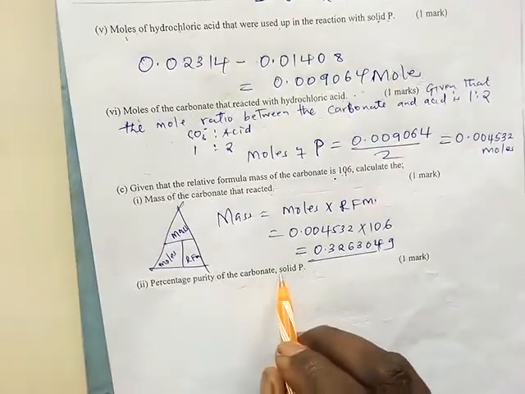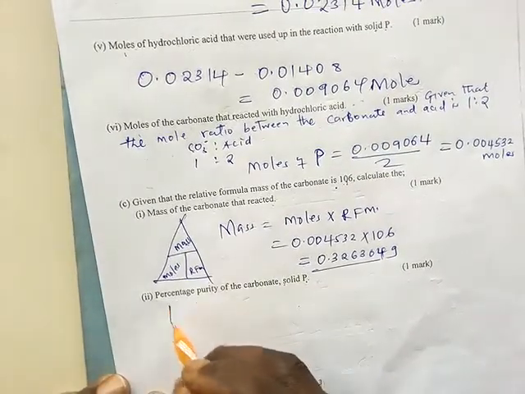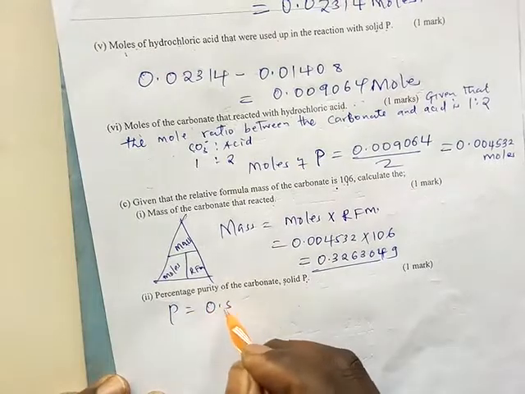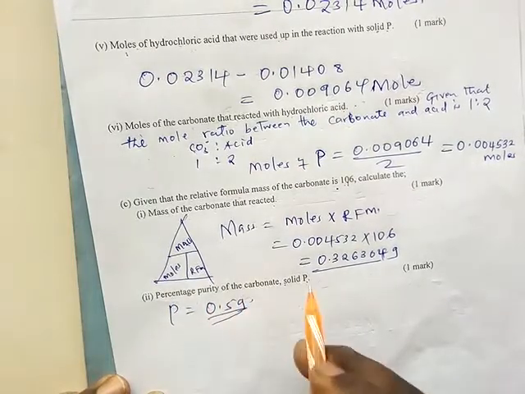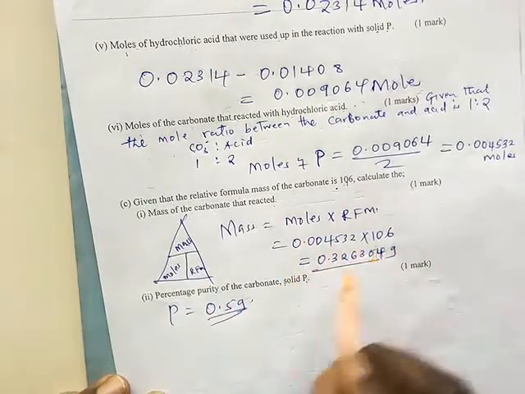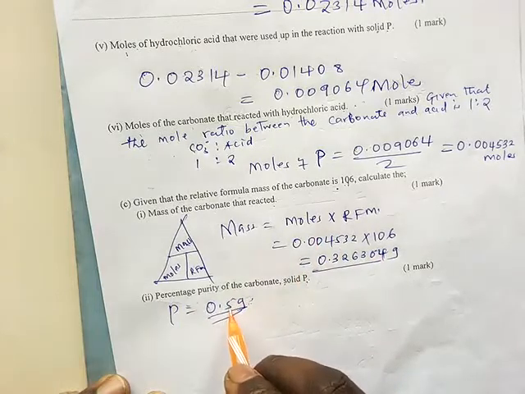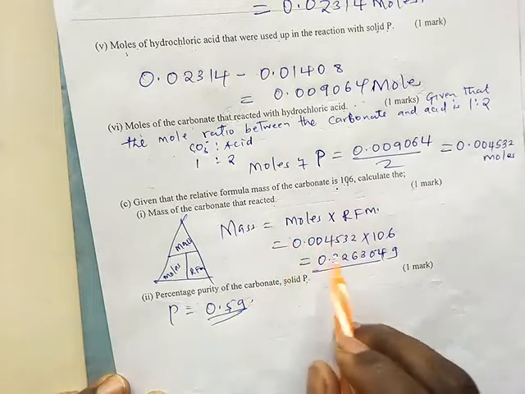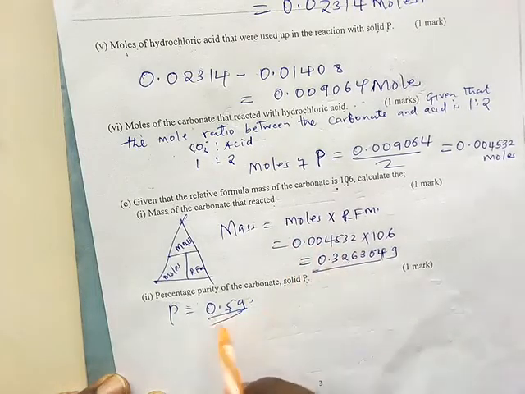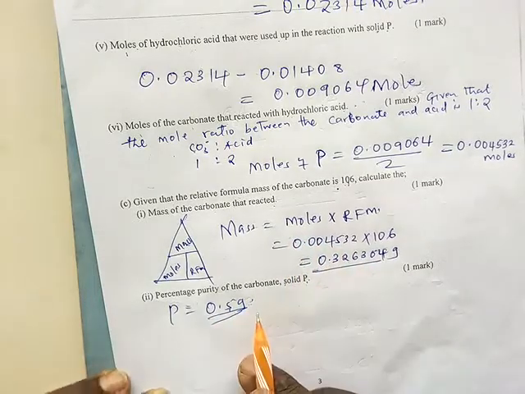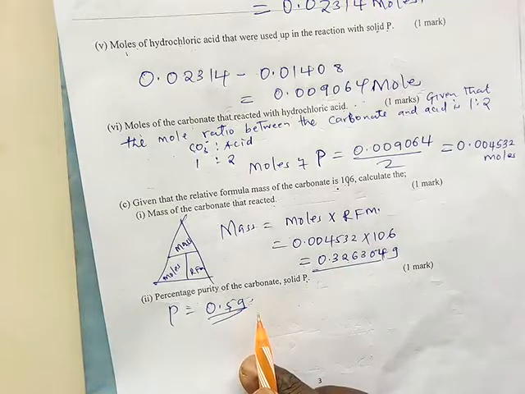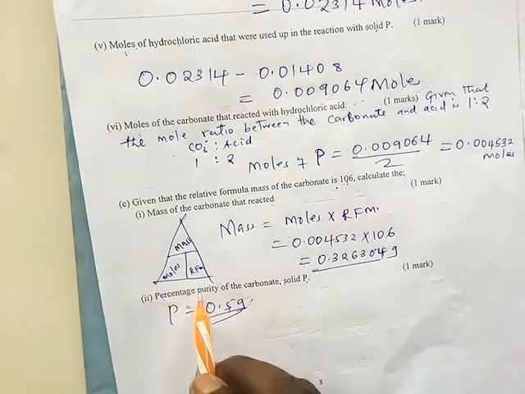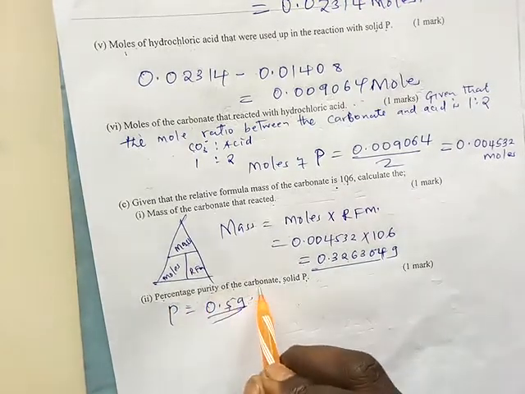Percentage purity of the carbonate P. Remember the carbonate P, the total was 0.5 grams. But the mass of P only, because it was contaminated, is 0.3 and the impurity is around 0.1 and something. Therefore, we want to calculate the percentage purity of the carbonate.